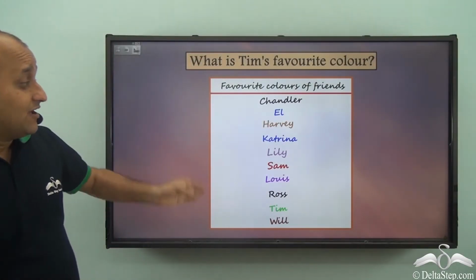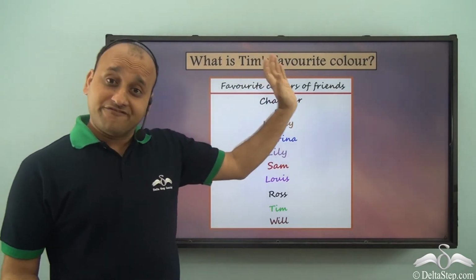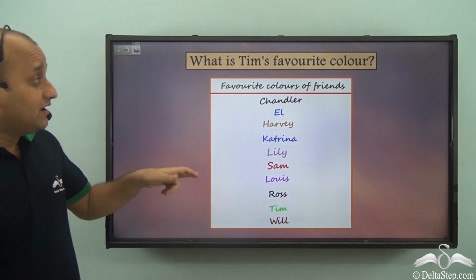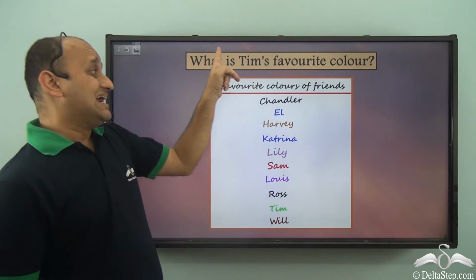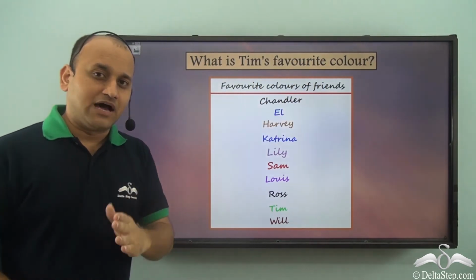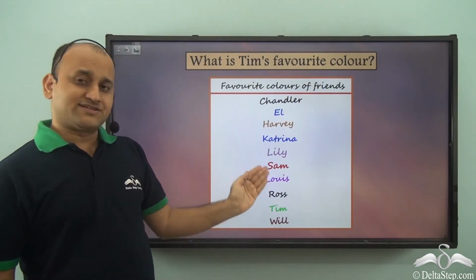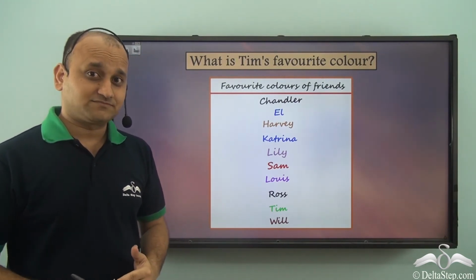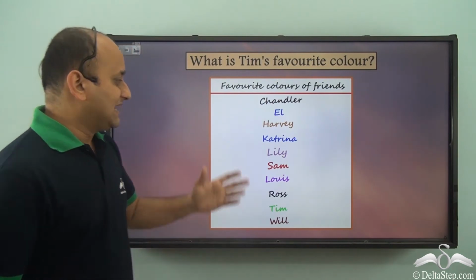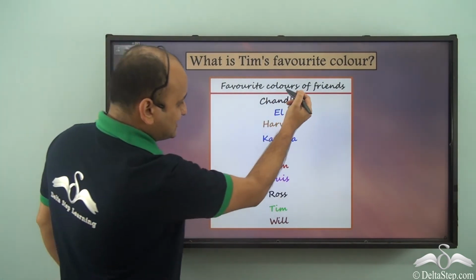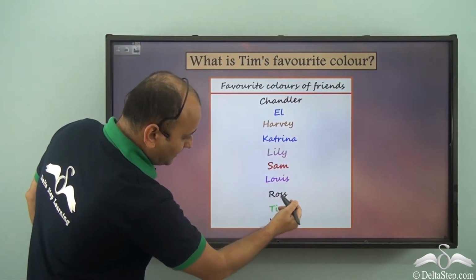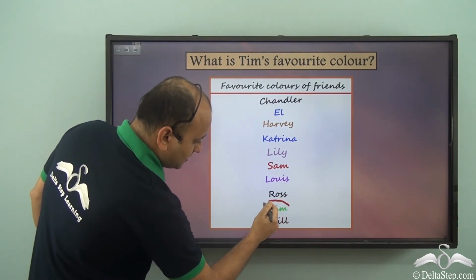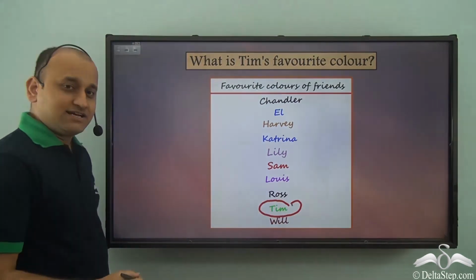Now, again, we have favorite colors of friends. Now, here we need to find out what is Tim's favorite color. Now, can you find out from the list what is Tim's favorite color? Well, try once. Well, let's see. Where is Tim in this list? Well, Tim is here, isn't it?